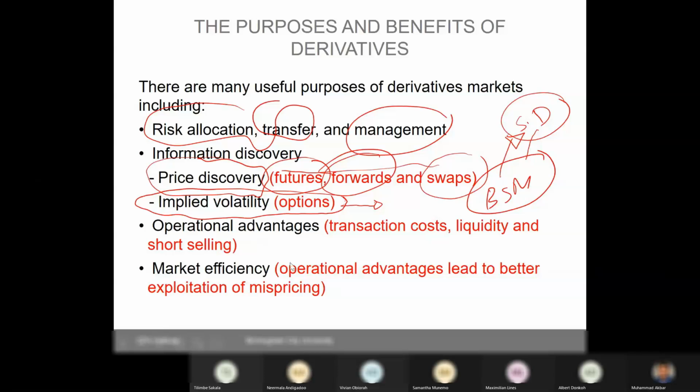If somebody asks you which market is more efficient, futures market or spot market, the answer will always be futures market. Why? Because it's very easy to trade. There are fewer transactions, there is more liquidity, and these operational advantages lead to better exploitation of mispricing in the derivatives market, and that keeps the market more efficient than the spot markets.